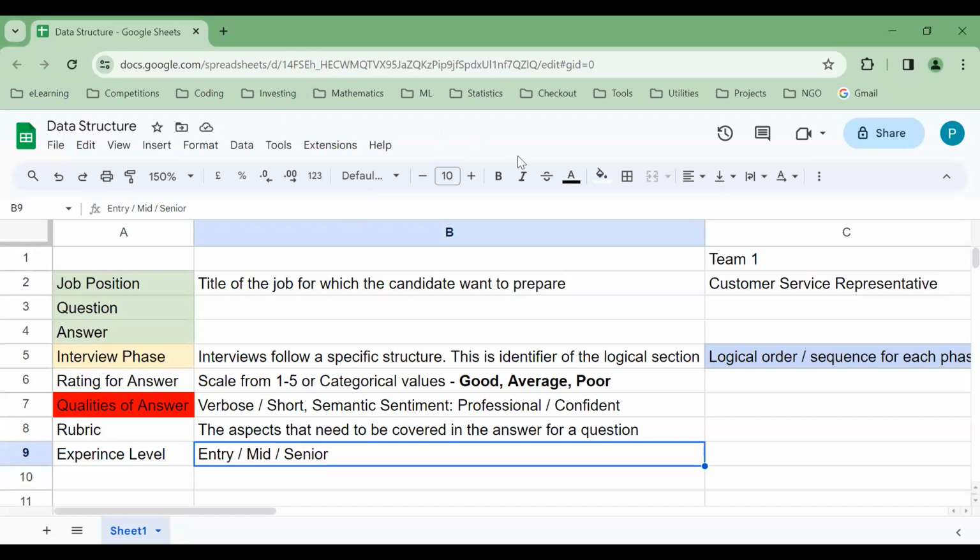Yes, Arthur, please go ahead. I was thinking that perhaps the experience level could be configured at the stage when the job is described, as I mentioned in the previous meeting.